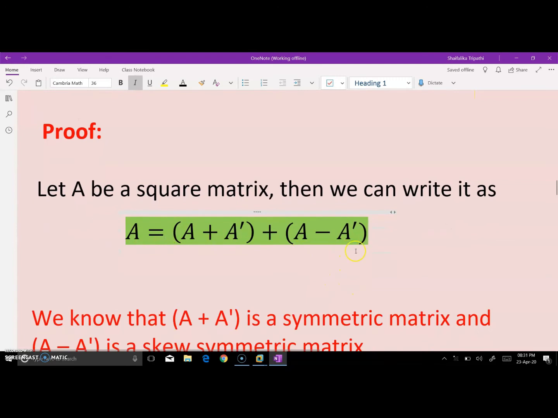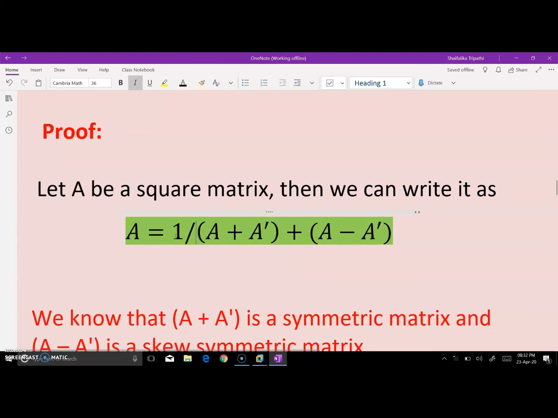Now can we write A as this sum? No, because this is not balanced. When we open it, the transpose of A and the transpose of A will be cancelled because these are of opposite sign, right? But A plus A, that will be 2A.